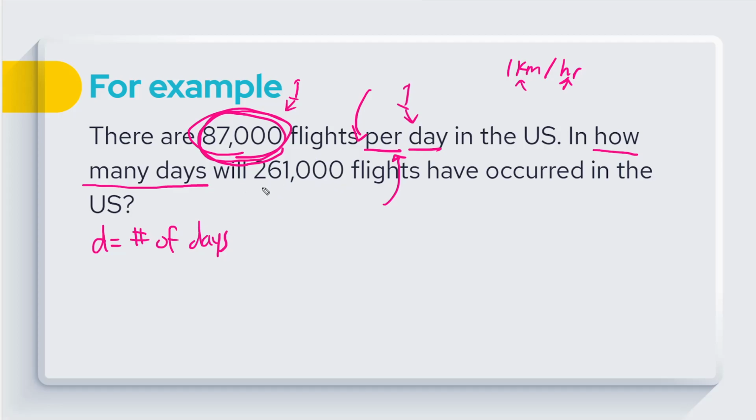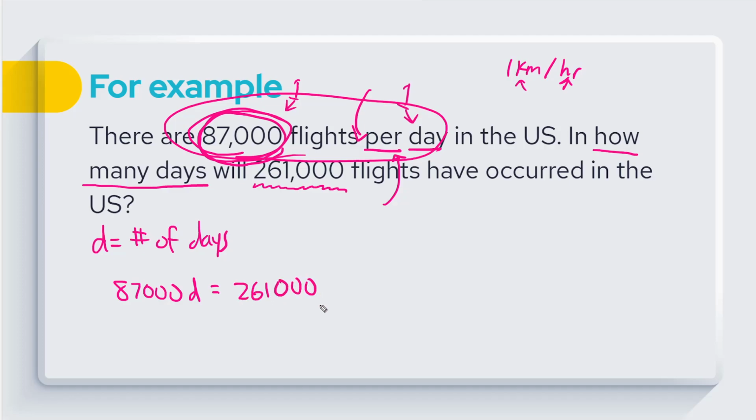And it's asking in how many days will 261,000 flights have occurred in the US. So we know from this wording here, per day, that we're going to multiply the 87,000 by D. And in some number of days, we don't know how many yet, we're going to get 261,000.